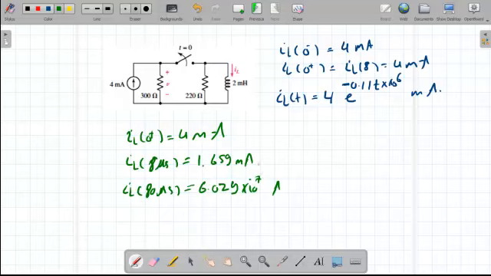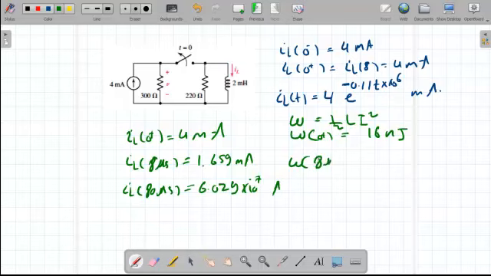From this we can determine, by the way, the expression for the energy: W equals half L I squared, where I depends on the time. So the initial energy W at 0 plus will equal 16 nanojoule. W at 8 microsecond becomes 2.752 nanojoule.